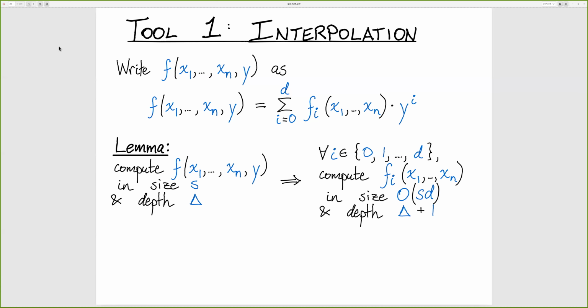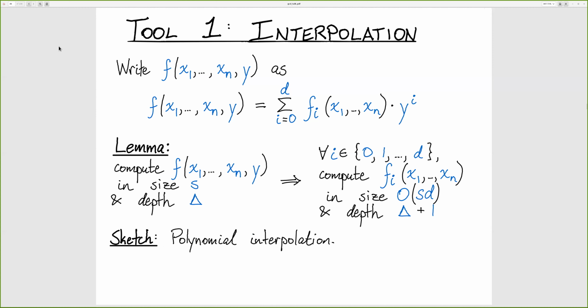So d was the degree here, and depth delta plus 1. So what is this saying? This is saying that I can extract these coefficients. I pay a mild blow up in the circuit size. It's not too big. And I'm really careful about the depth. I'm only increasing the depth by an additive 1. So in particular, if I had a very, very low depth circuit for the whole polynomial, this whole f, then I get low depth circuits for each fi.